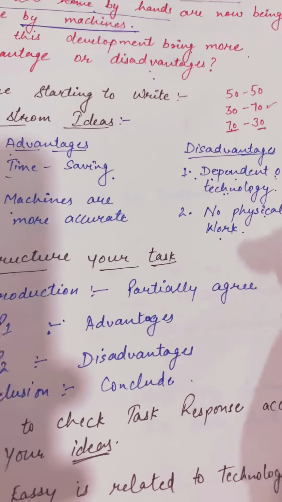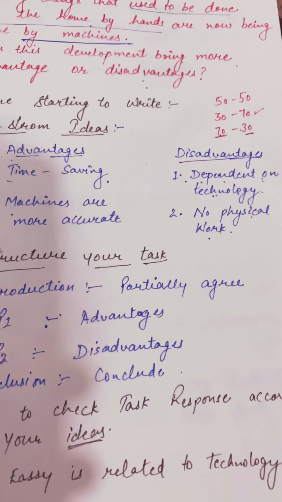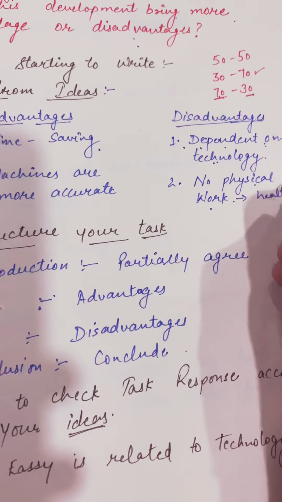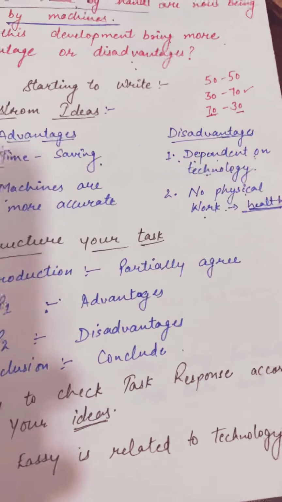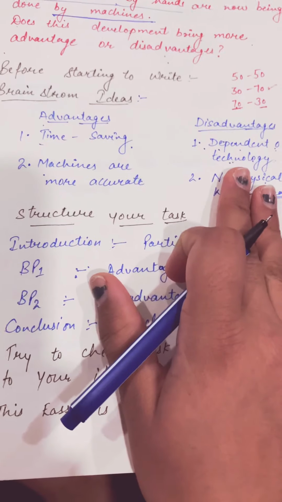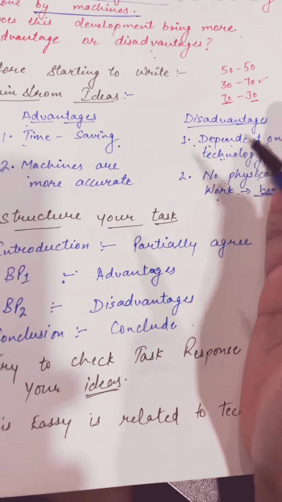We just put the clothes in the machine and press the button, so there is nothing to do with physical work. So in this way, the health of a person becomes very poor. So we have ideas on both sides, so I'll prefer to go 50-50, the advantages and the disadvantages.